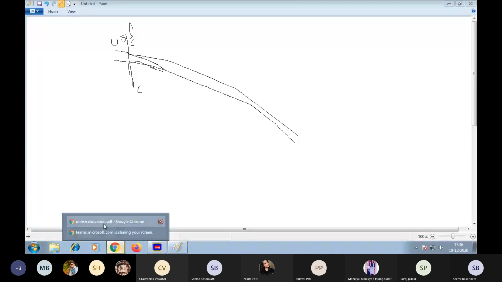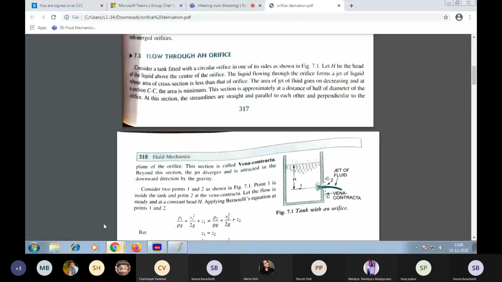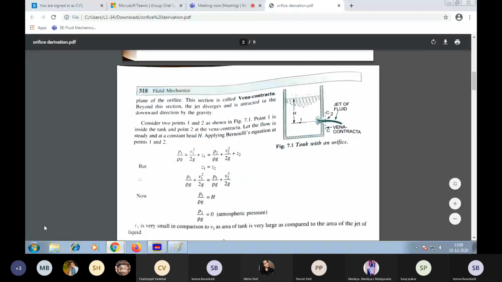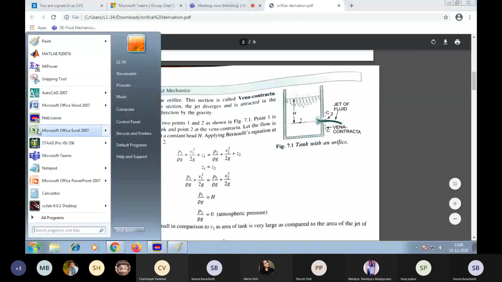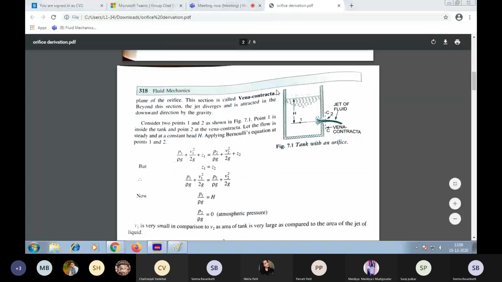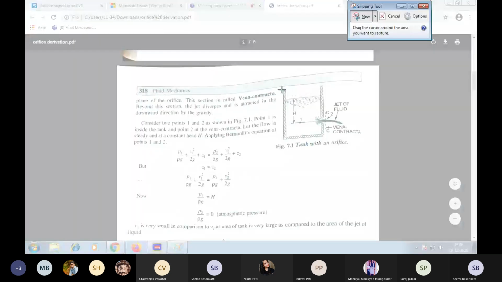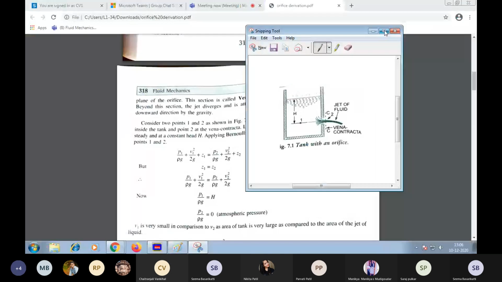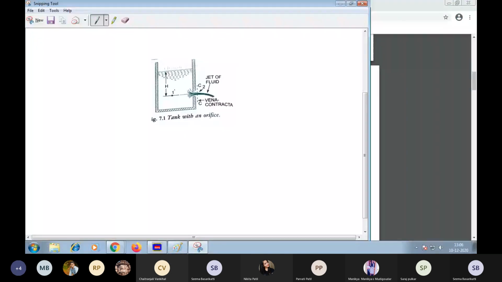So here, consider 2 points. One point is taken here and the second point is taken here. Please concentrate.